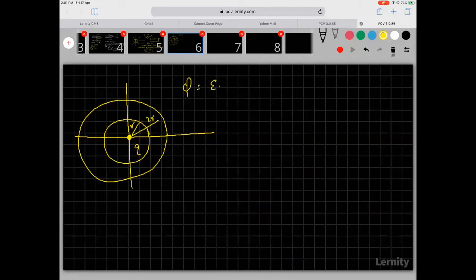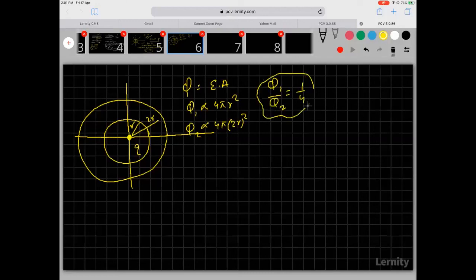Flux is equal to E dot A. So students will likely say that flux 1 is proportional to 4 pi R squared. Flux 2 is proportional to 4 pi 2R the whole square. So phi 1 by phi 2 is equal to 1 upon 4. This is what many students will say. It is wrong.